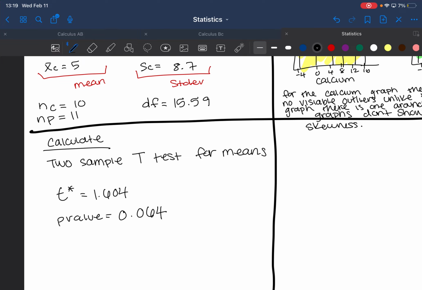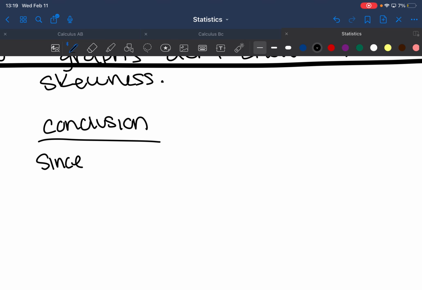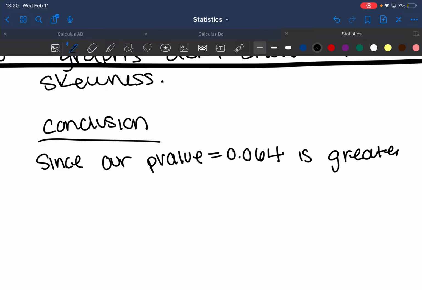So if calcium has no effects on blood pressure, the probability we get a difference is about 6.4%, because our p-value was 0.064. That as a percent is 6.4. So the probability we see a difference if calcium has no effect is about 6.4%.